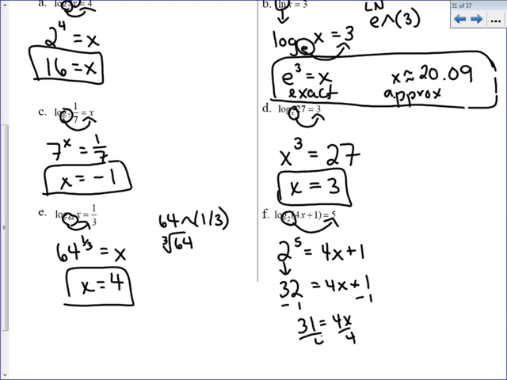Divide both sides by 4. x equals 31/4 or 7.75 if you want the decimal. Sorry, I was thinking it goes into 28. But you can leave the fraction. It's fine.